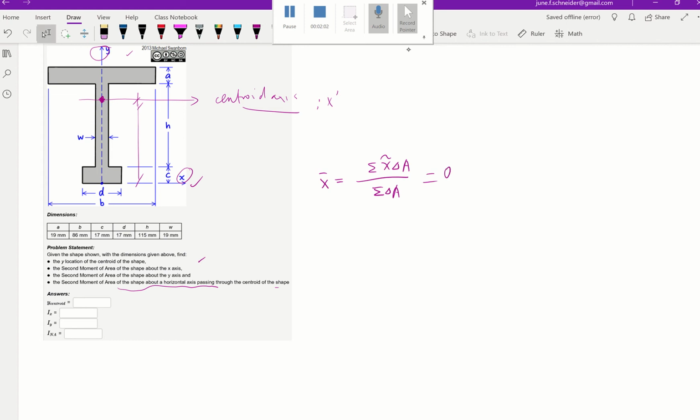What we are solving is y bar, which is the summation of y tilde delta A over the summation of the areas of all three rectangles.